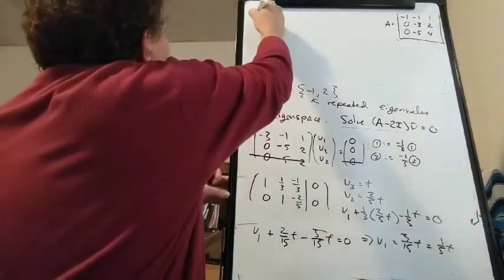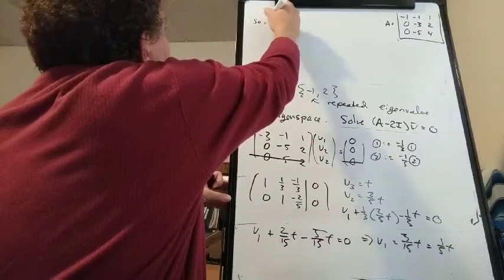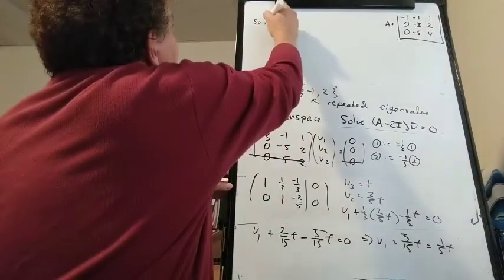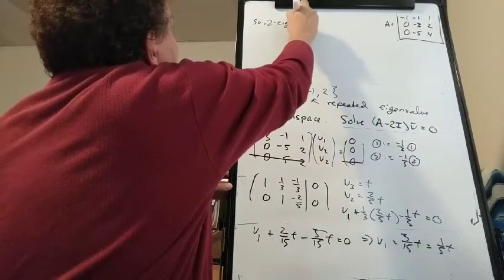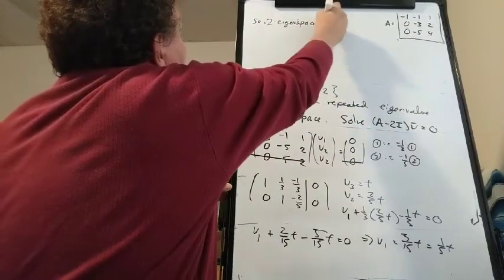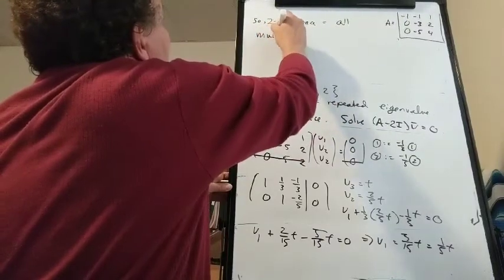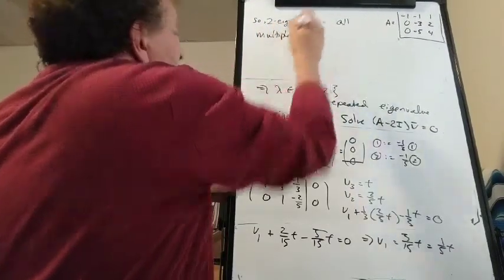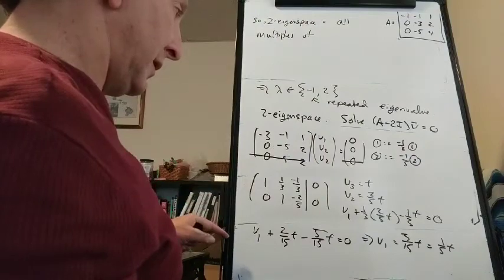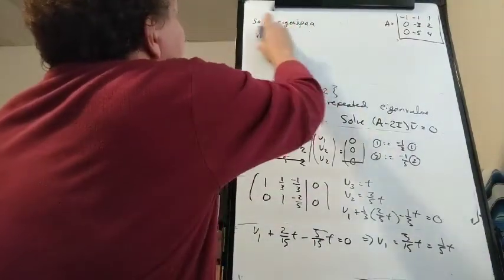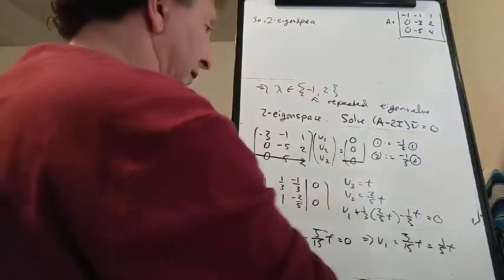So we're doing the 2 eigenspace. The 2 eigenspace equals all multiples of, well, let me put in the t's first.